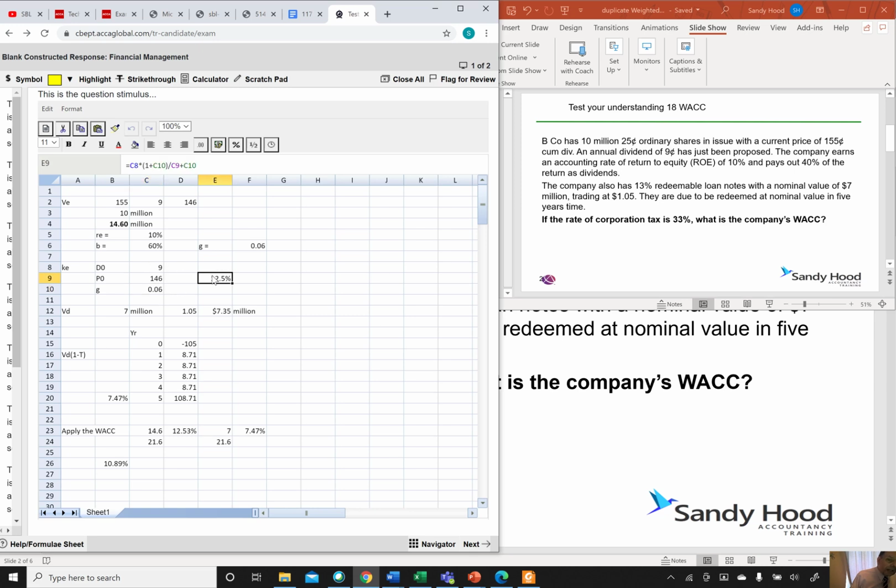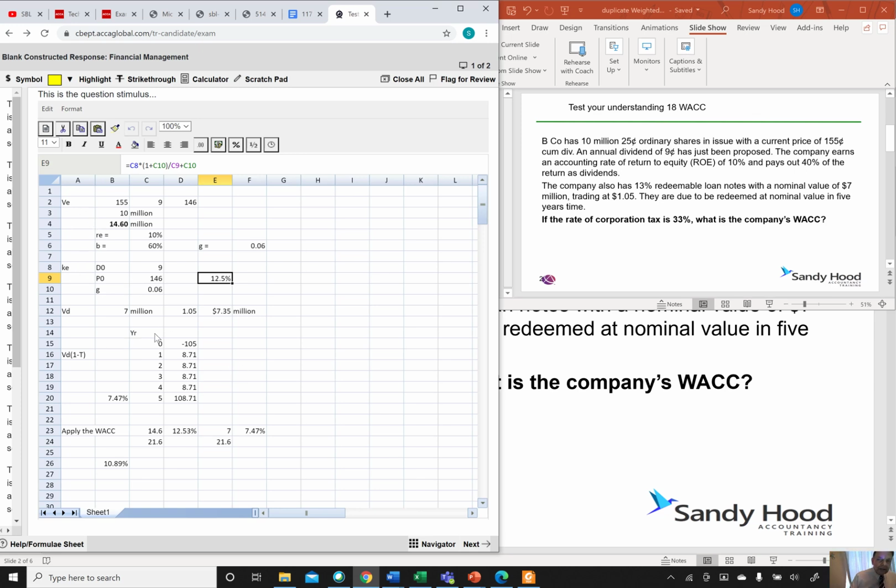So putting them all together, I've got the dividend value in year 0 times 1 plus the growth rate, divided by the current ex-dividend price, and then adding on the growth rate to give us 12.5%. So I've got my VE and I've got my KE.